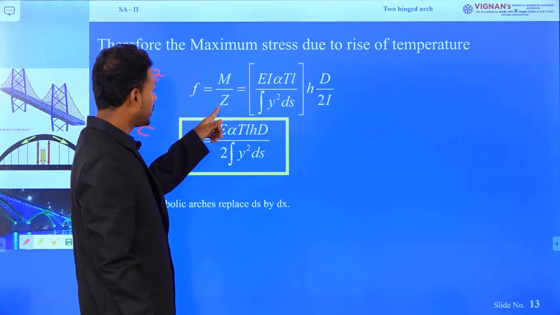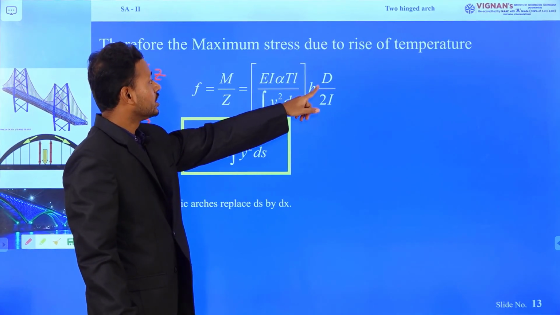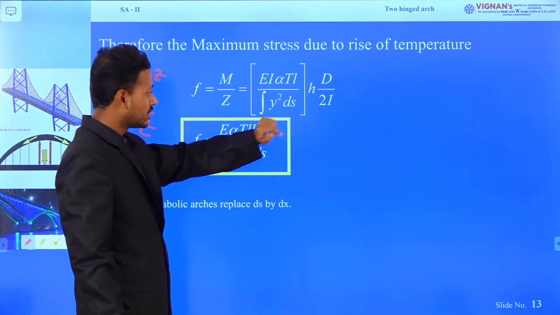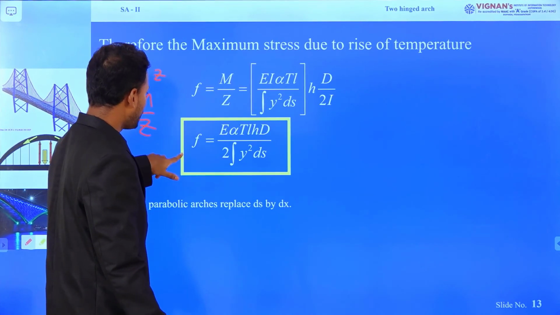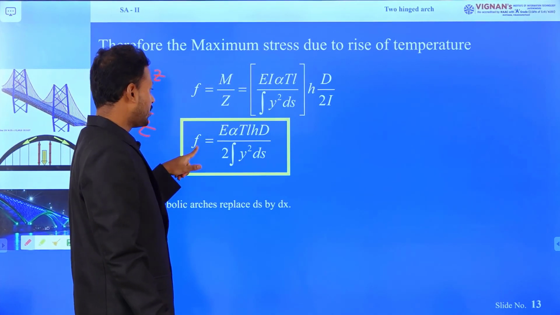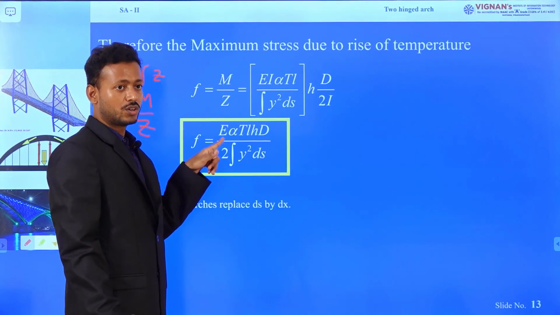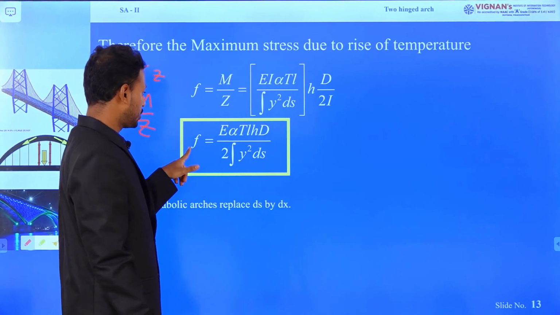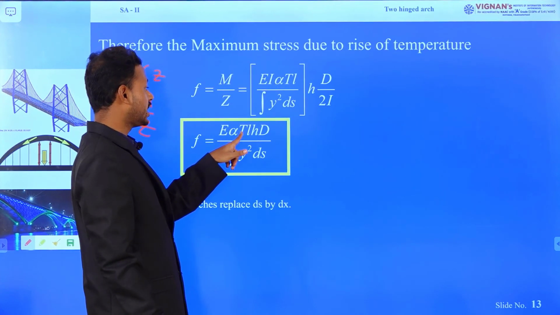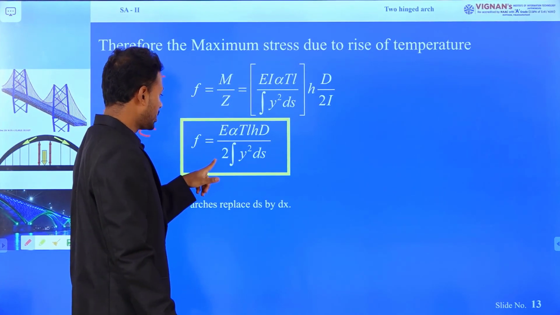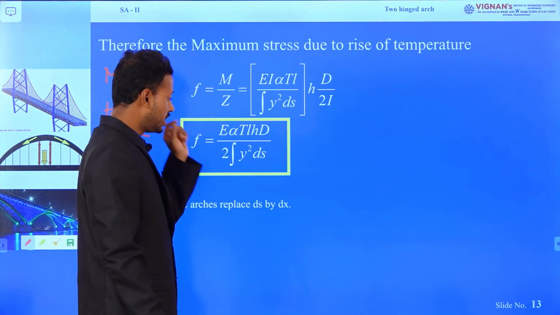We have evaluated the value of Z, 2I by D, we have put the value. Now, finally, we have determined the bending stress due to temperature for either circular arch or parabolic arch. The expression will be E alpha T L H into capital D divided by 2 integration of y square ds.